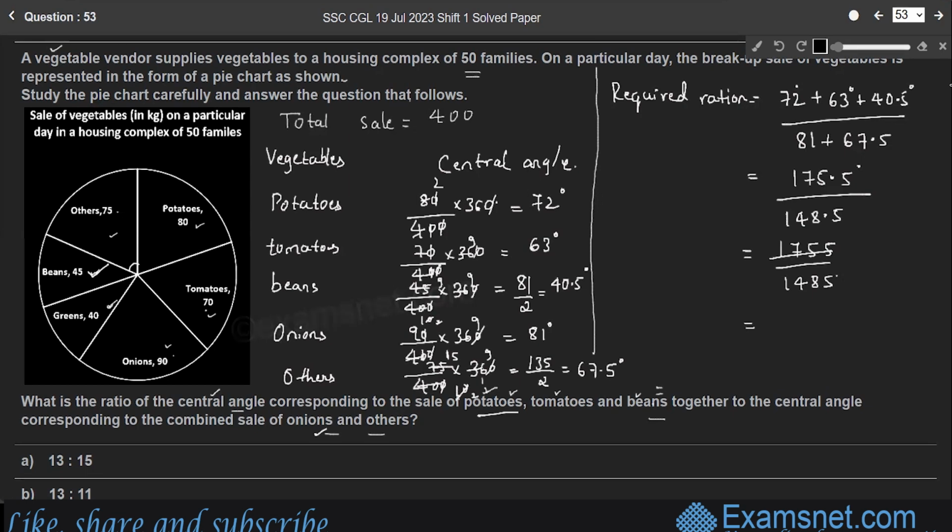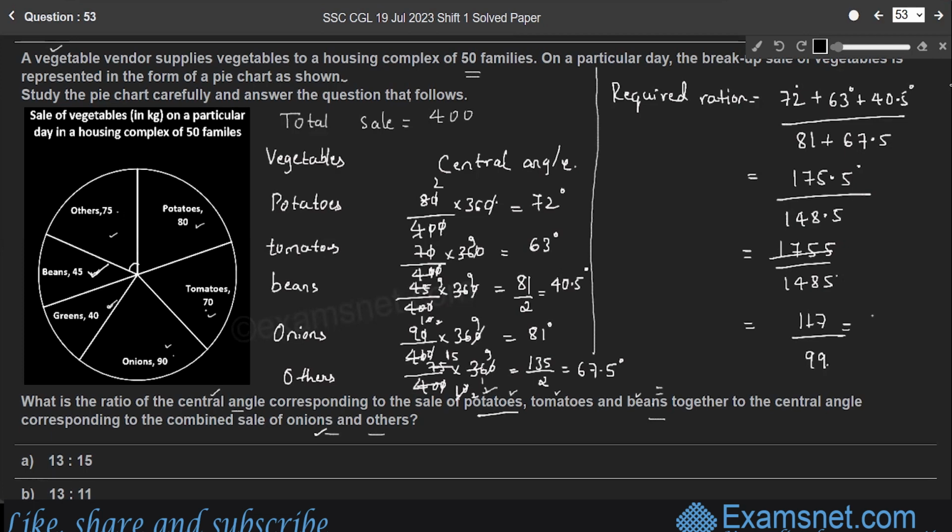Otherwise, 1755 divided by, can we try 15? Yes, 117. So divisible by 15. Whereas 1485 divided by 15 gives 99. Right? 99. Both the numbers are also divisible by 3.